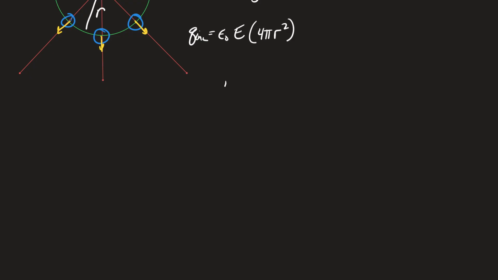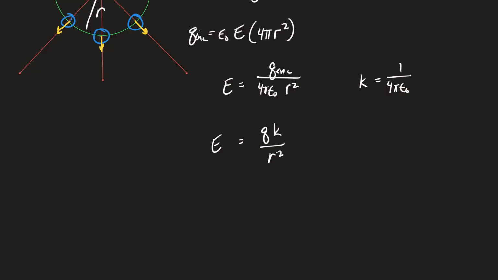If I solve this for E, I get Q enclosed over 4 pi epsilon naught times r squared. In fact, we define K as 1 over 4 pi epsilon naught, making this kQ over r squared. So Gauss's law proves Coulomb's law.